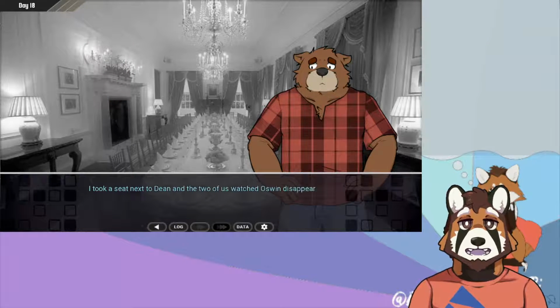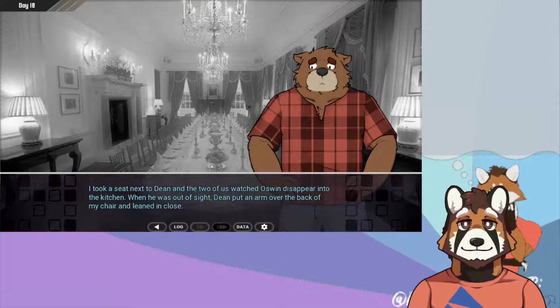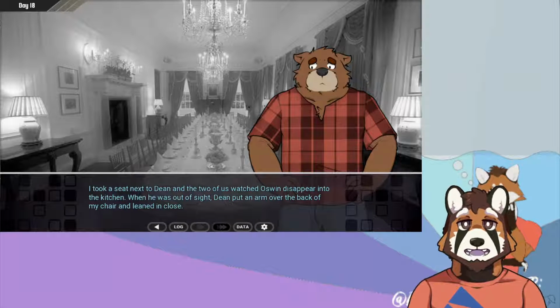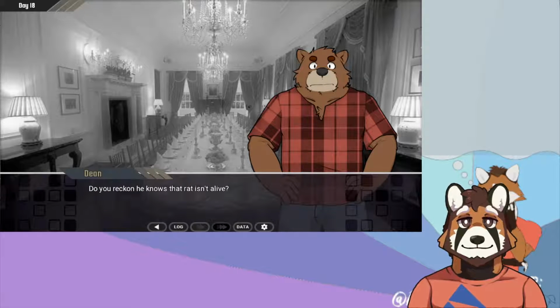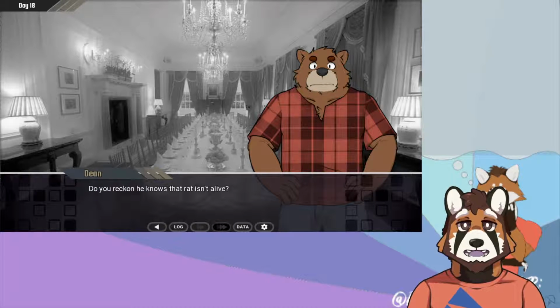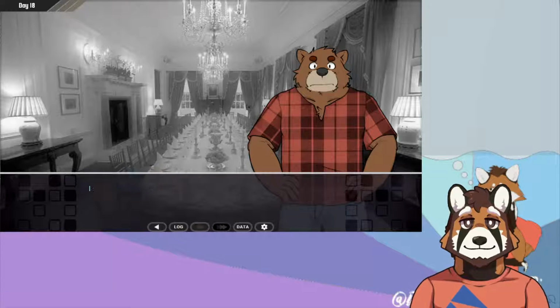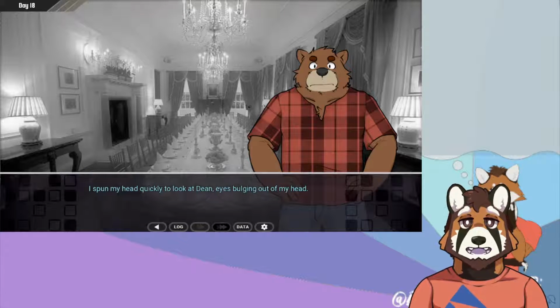I take a seat next to Dean, and the 2 of us watched Oswin disappear into the kitchen. When he was out of sight, Dean put an arm over the back of my chair and leaned in close. Reckon he knows that rat isn't alive? I spun my head quickly to look at Dean, eyes bulging out of my head.